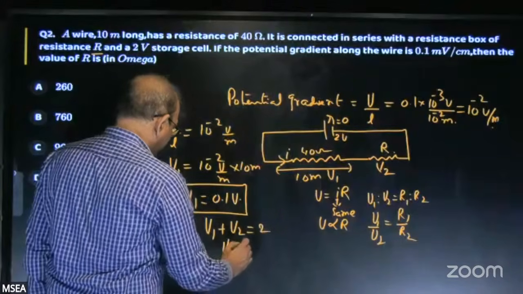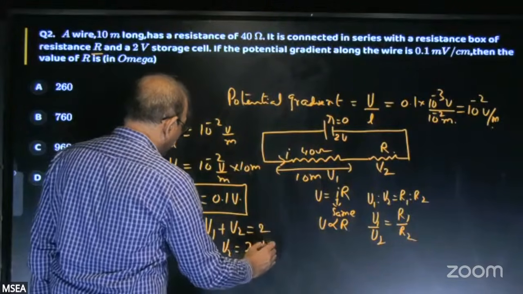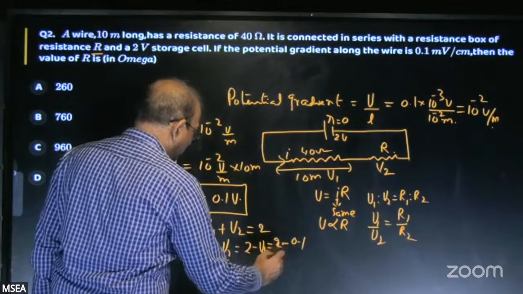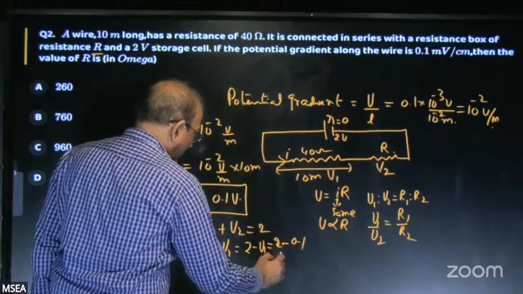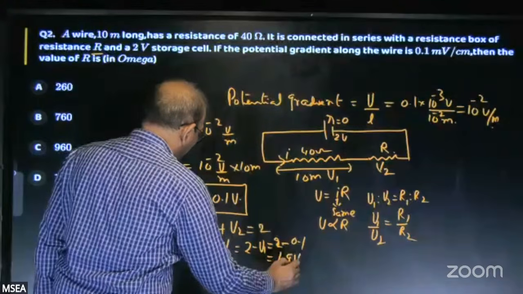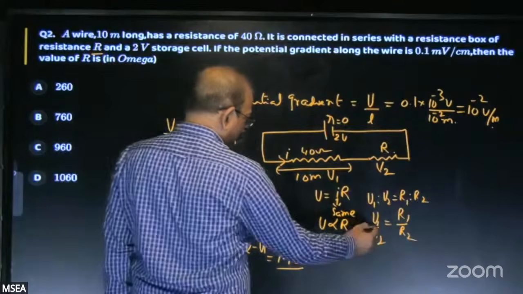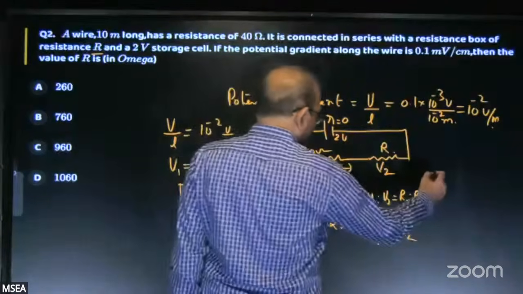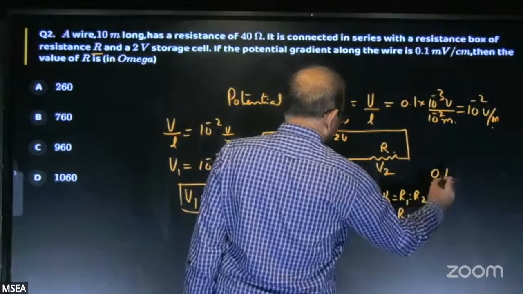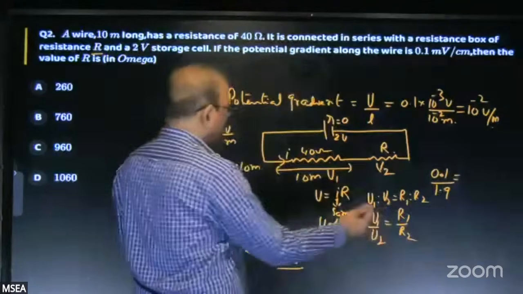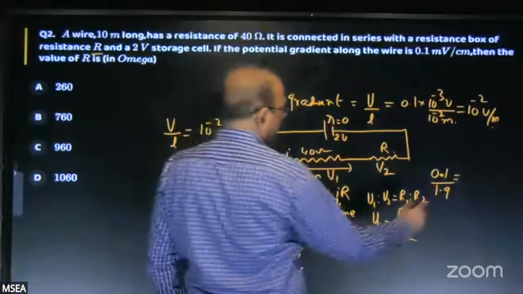Then V2 is 2 minus V1, 2 minus 0.1. That is 1.9 volt. So I'm substituting in this: 0.1 by 1.9 equal to R1 by R2. R1 is 40, given.